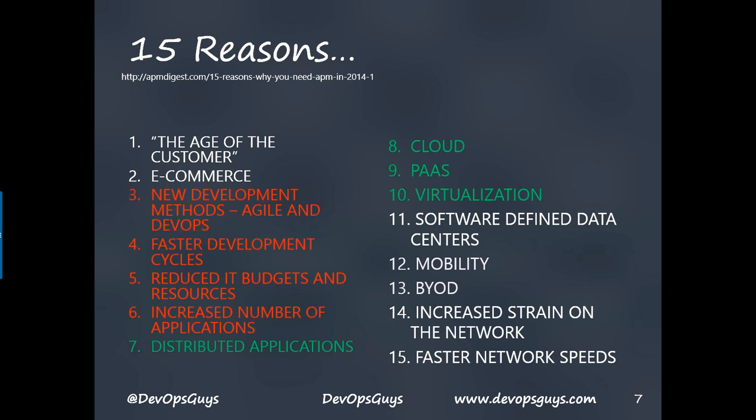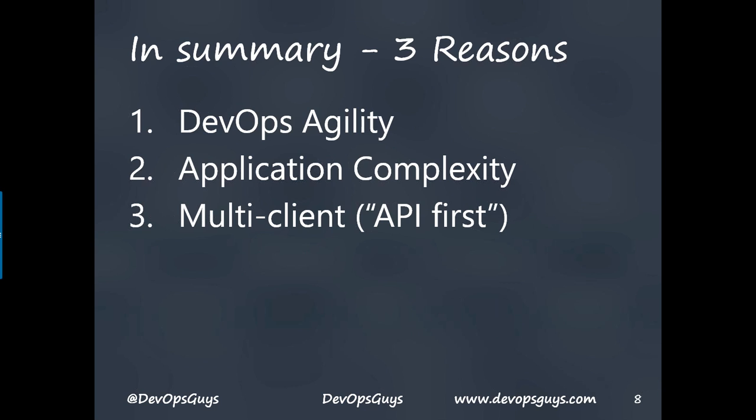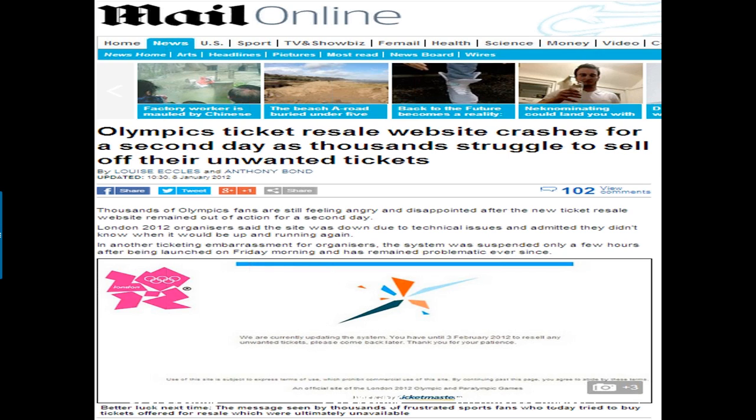There's another group which is all about the complexity of the environments that we're moving into, and then there's another whole section around mobility, bring your own device, around the expansion of the types of clients that we're expected to support, and that brings its own complexity. So DevOps agility, application complexity, and multi-client.